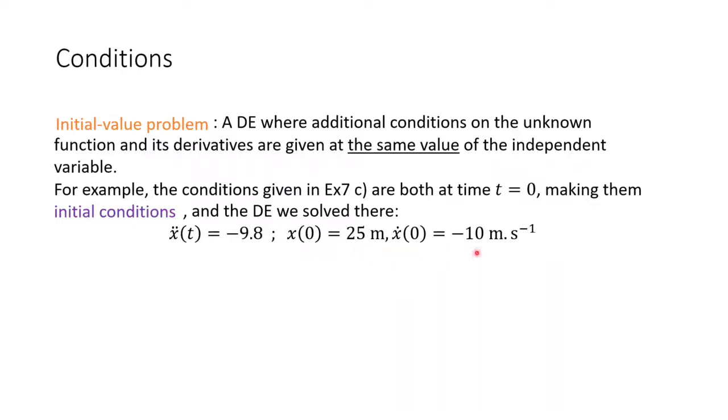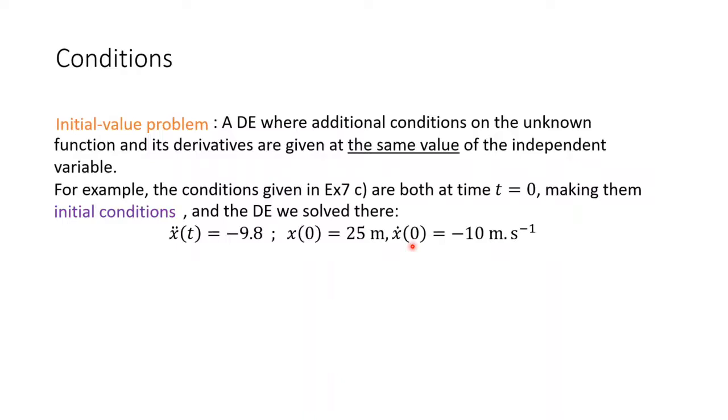So the extra conditions were both at the same time, or more generally at the same value of the independent variable. It doesn't matter that it is at 0. That does not play a role here. It could have been 2 and 2, or -3 and -3, or 17 and 17. The fact is, both conditions were at the same time.